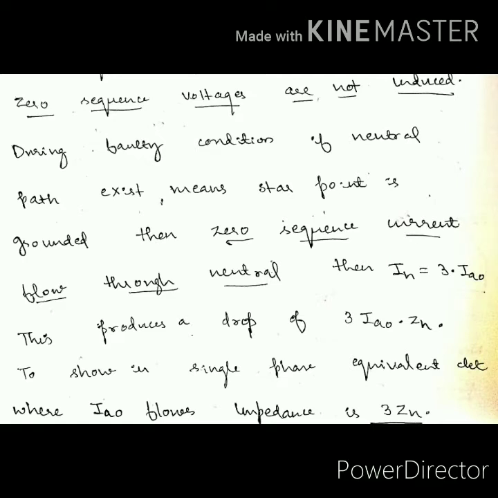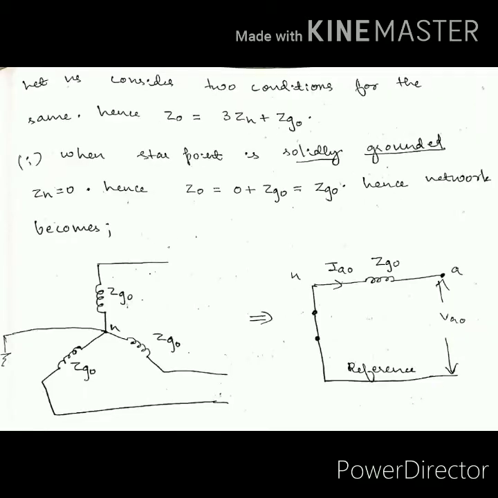So In here is 3 into Ia0. Because of this, we have a neutral impedance which is 3 times Zn. So in your corresponding circuit, other than Zg0, you have to also show 3Zn. So total impedance Z0 is equal to 3Zn plus Zg0.